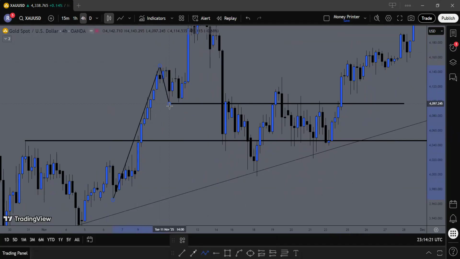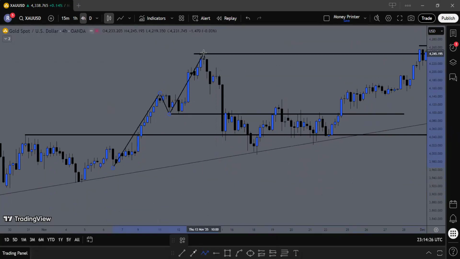Pulled back, creating a low, and then pushed right back up, creating that high. After which price broke below, creating this lower low, then created this lower high, then broke the previous higher low structure to the downside.